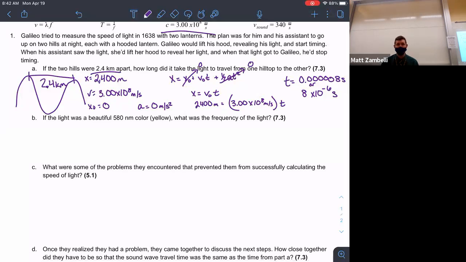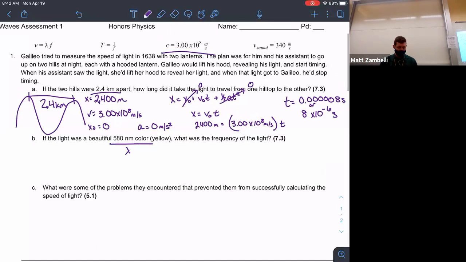So we're finding frequency, and we have the wavelength right here. This is our lambda, our wavelength. And we know one other thing. What else do we know about light in general? We know its velocity, which is what value?